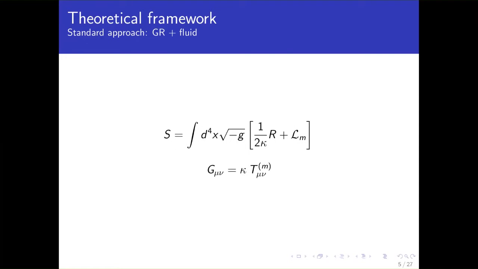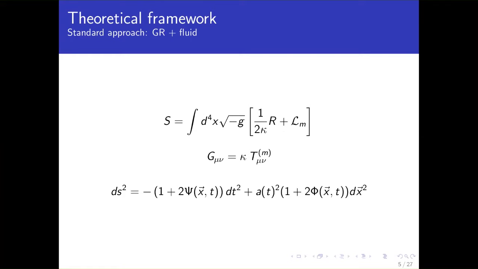So this is the Einstein-Hilbert action. By applying the principle of least action, you can find the field equations, the Einstein equations. And we usually also assume that the metric is the Friedmann metric, linearly perturbed, like I'm showing here. We usually use the Newtonian gauge for these perturbations.